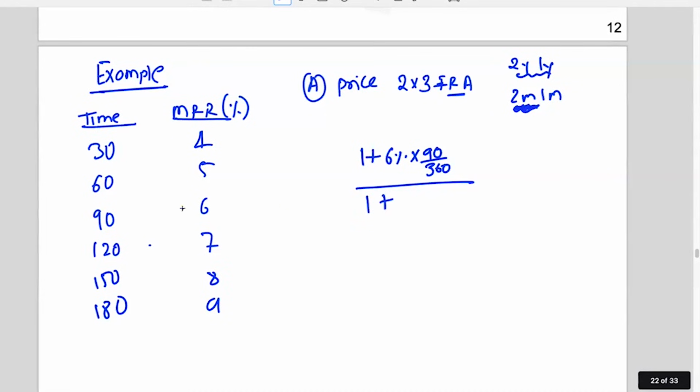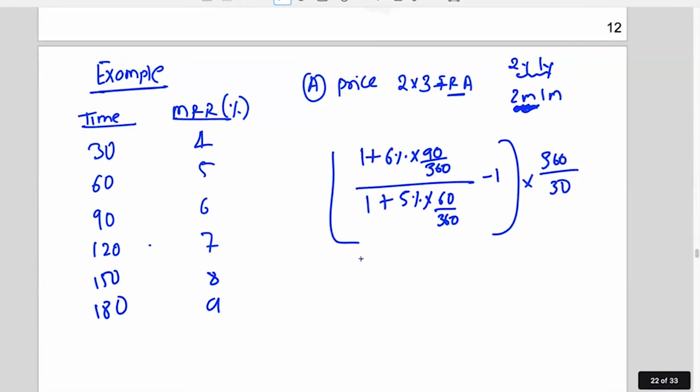So that would be 1 plus 5% into 60 by 360. And you've added 1, so you need to deduct 1. Now, what will this give you? This will give you a 1 month rate. But you'll have to obviously annualize, no? So into 360 by 30. That's it. This is your pricing of the 2 by 3 FRA.